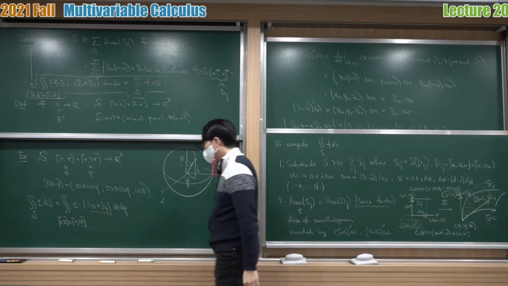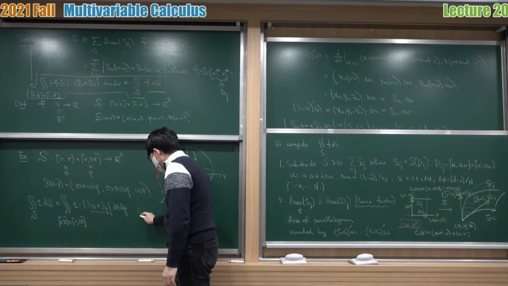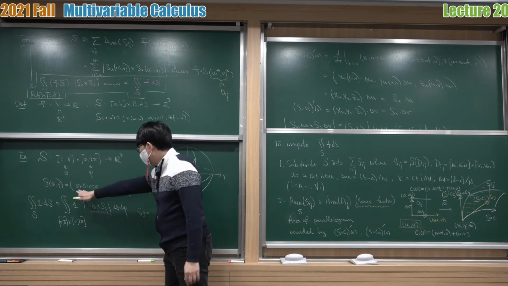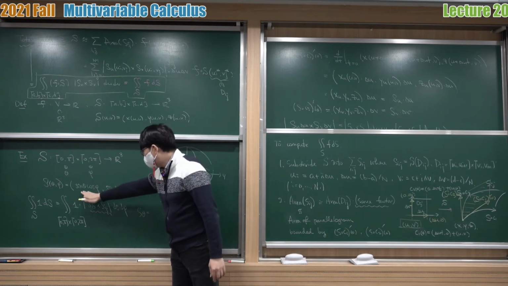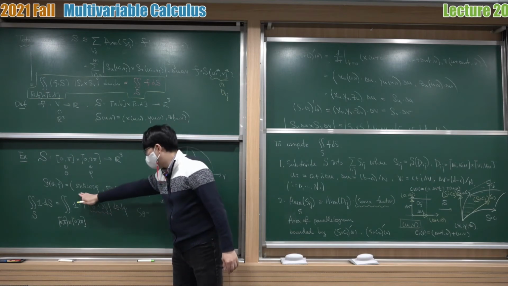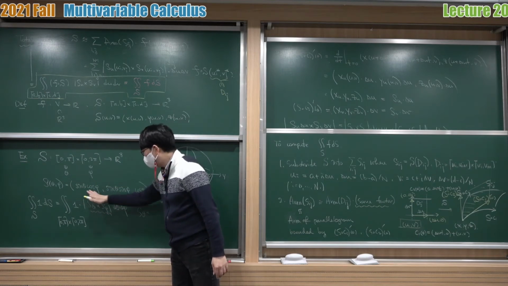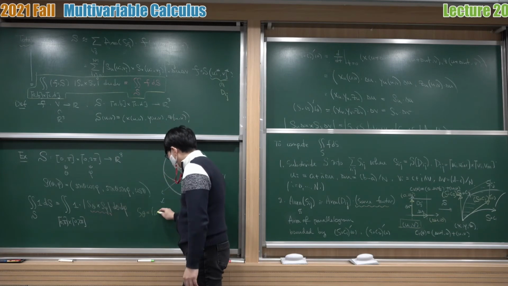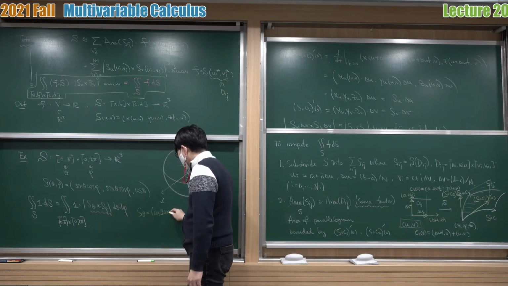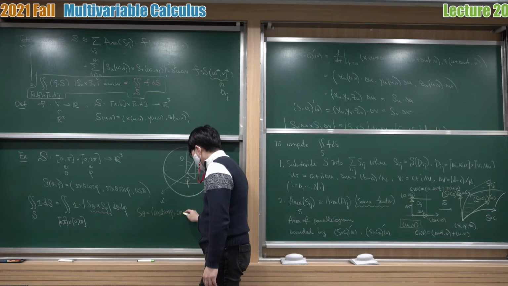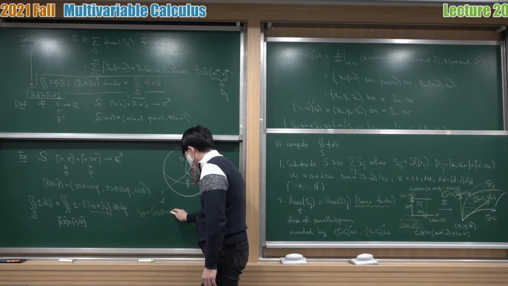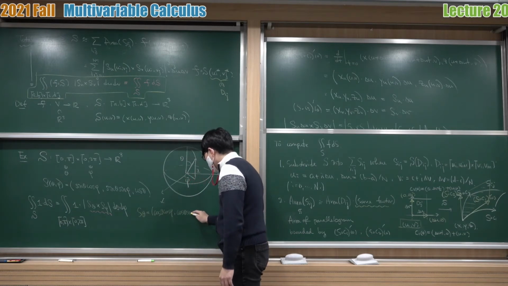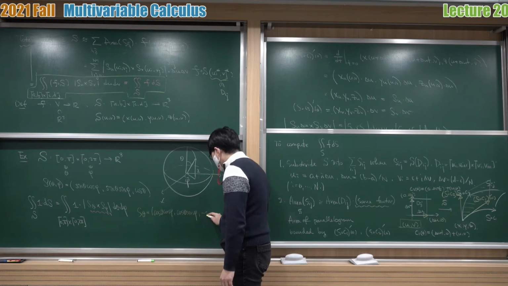Now let me write it here. So first, S_theta is the vector obtained by taking the partial derivative with respect to theta of these coordinates. So we get cosine theta cosine phi, and cosine theta sine phi, and minus sine theta.